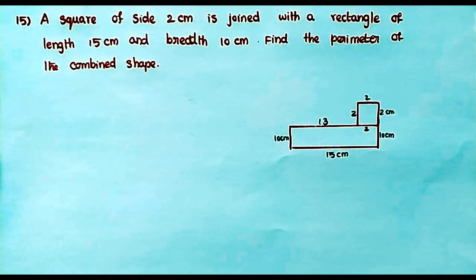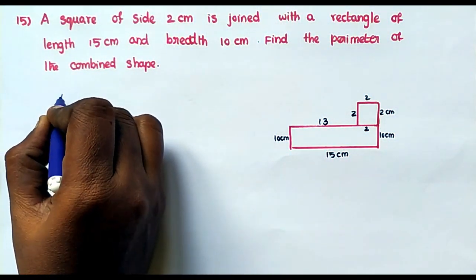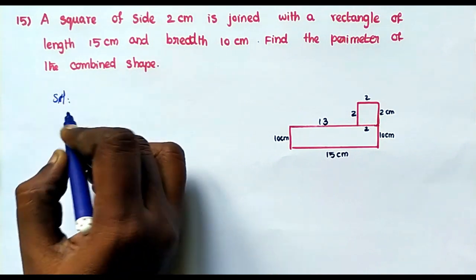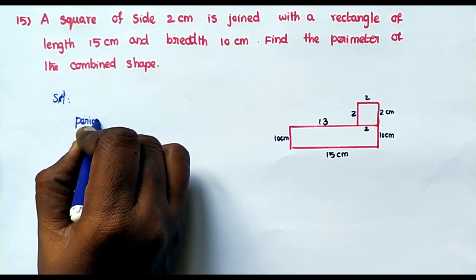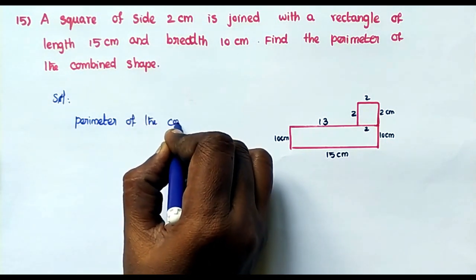Now find out the perimeter of the combined shape. So solution, perimeter of the combined shape.